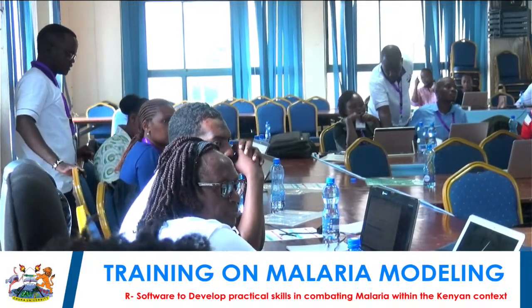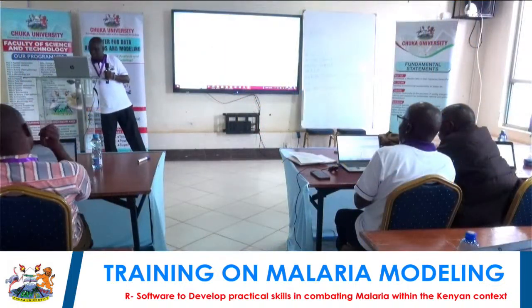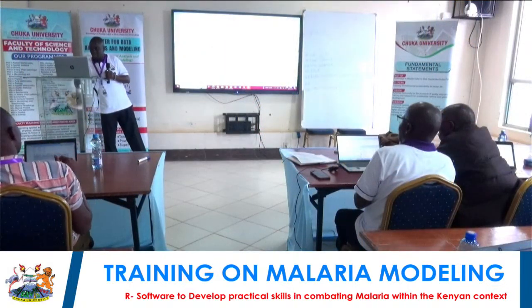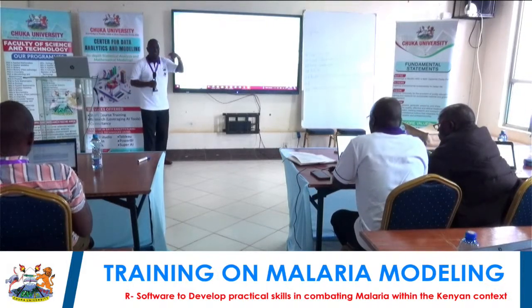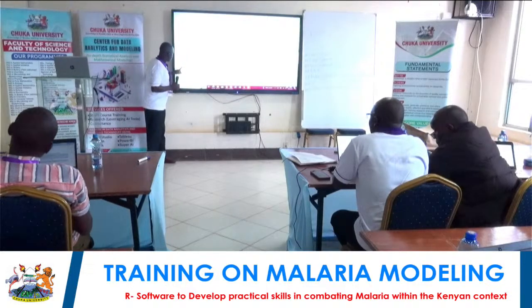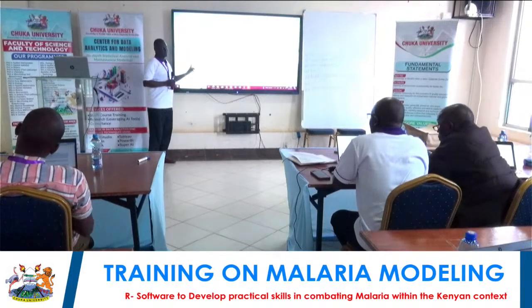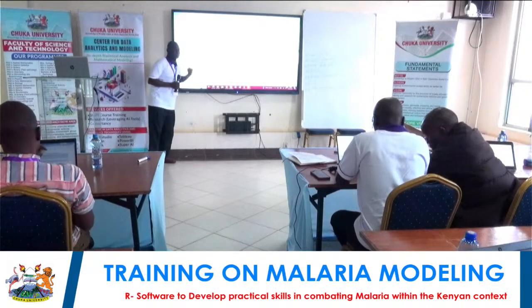I want to know which are these locations. Is it Embu, Meru County, or Kilifi County? Write the data object, malaria underscore data, then the dollar sign, then the name of that variable.